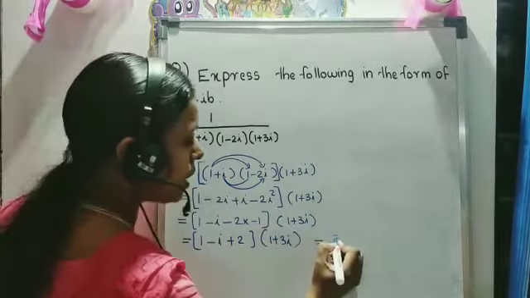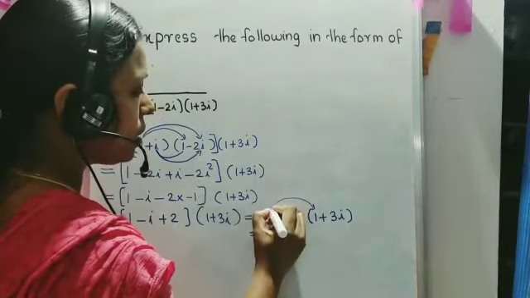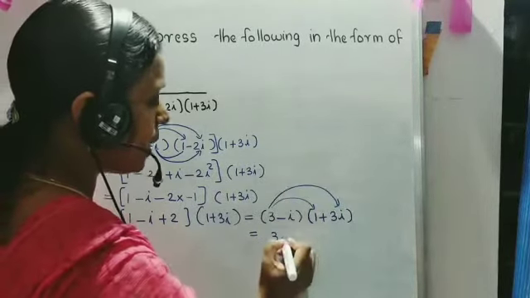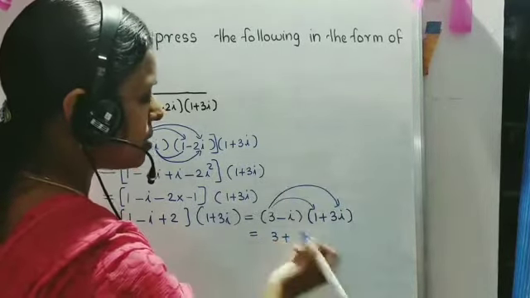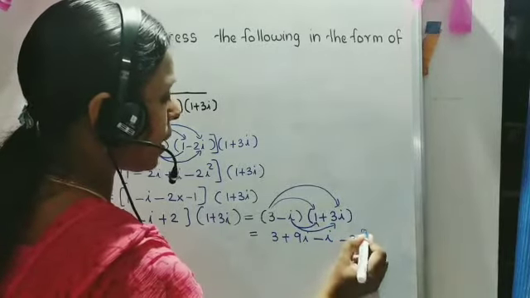Again multiply (3 − i) into (1 + 3i). Here we multiply 3 into 1, we get 3. 3 into 3i, we get plus 9i. Next we multiply negative i into 1, we get negative i. Then multiply negative i into 3i, we get negative 3i².